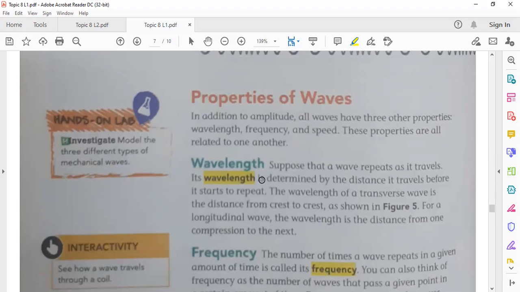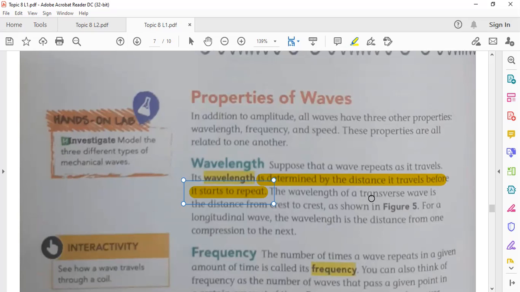It is determined by the distance it travels before it starts to repeat. The wavelength of a transverse wave, you have to know that there is a difference in how to find the wavelength of the transverse wave and how to find the wavelength of the longitudinal wave.